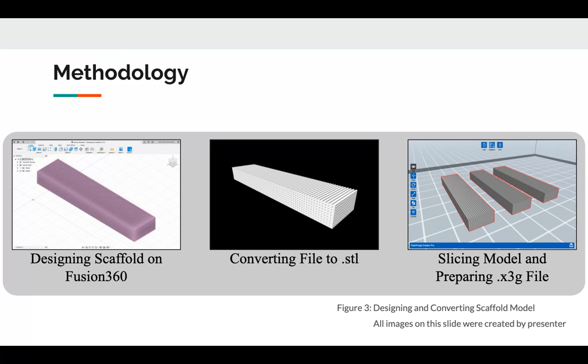This .x3g file is the type of file that a 3D printer can read, and by slicing the model into multiple different layers, the 3D printer will then follow those layers and the vectors to actually print it along the XZ axis and move up on the Y axis after a layer has been printed.